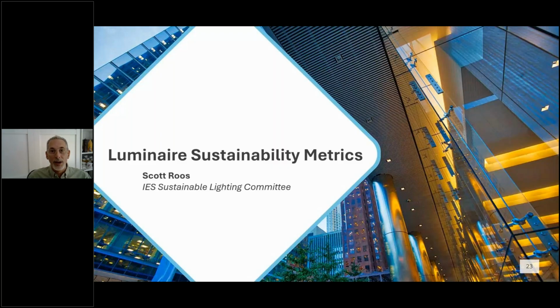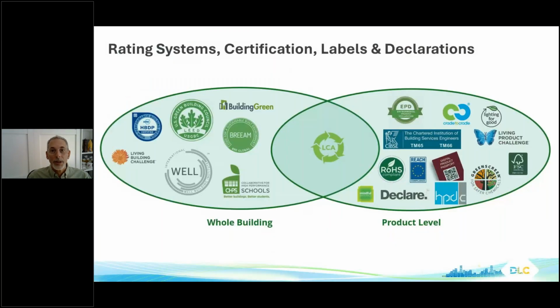These metrics are evolving, and as a way of background, I've been involved with sustainability over the last several years during my tenure with Acuity Brands, where I spent about 25% of my time supporting sustainability initiatives, both within the company as well as some of the industry initiatives that are going on.